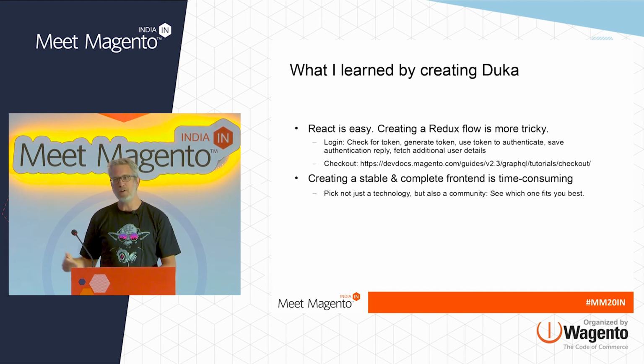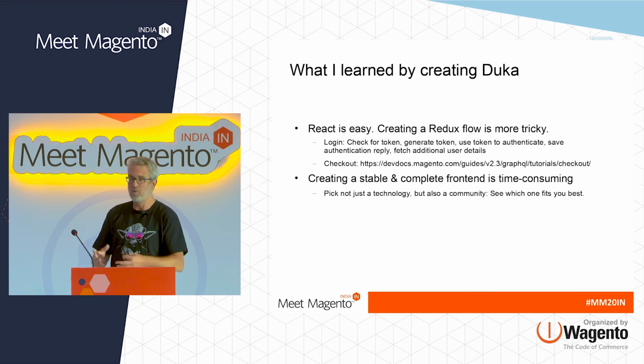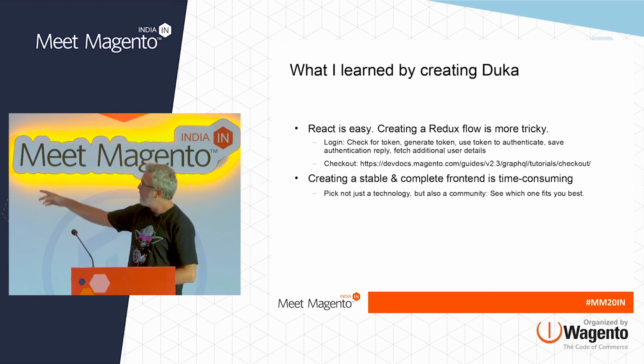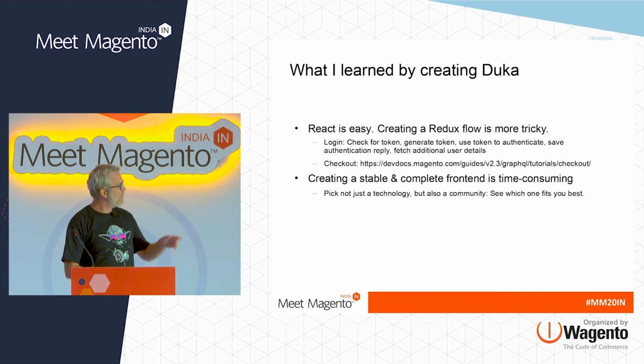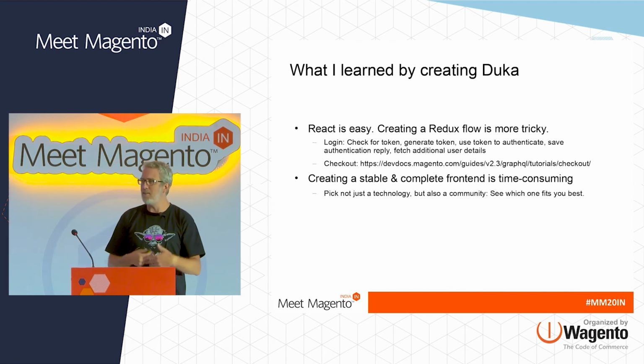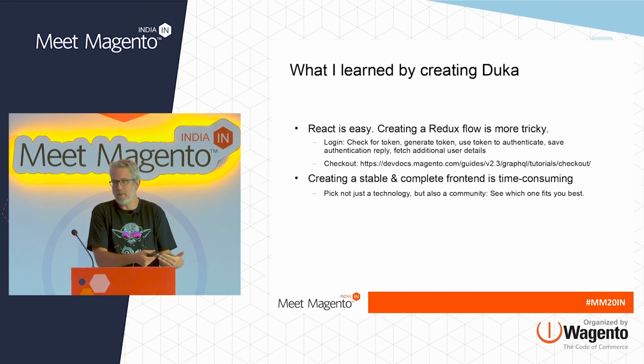Well, that's false because it's still missing out on the most important features. If I would add in the checkout, most likely it's going to be quadrupling the amount of work, to say the least. Likewise, the flow of data in Magento is also kind of complex. I've mentioned here the login procedure, so there's a whole procedure of fetching a token, validating that token, and then storing the token somewhere before you can actually log into something.